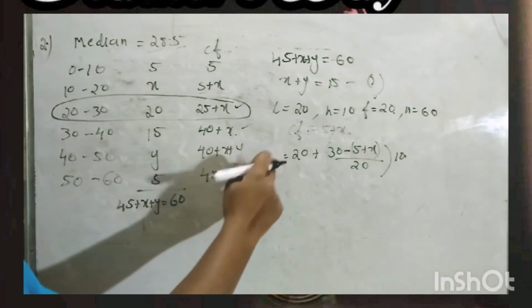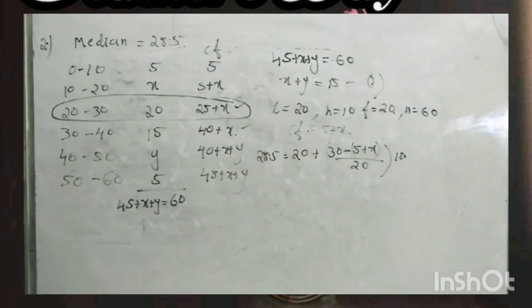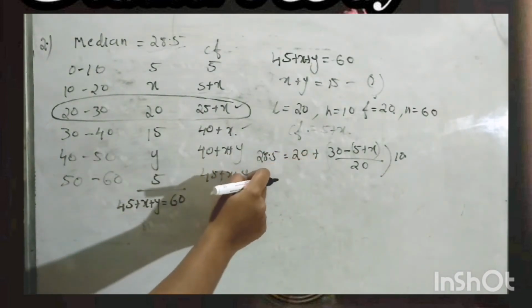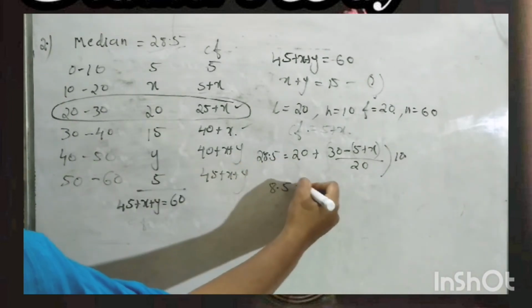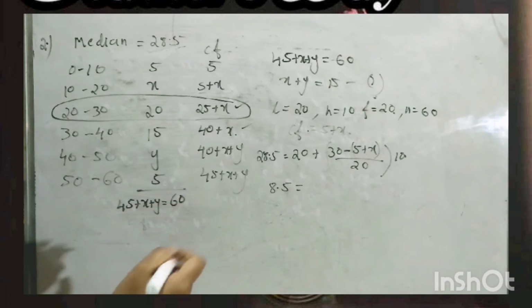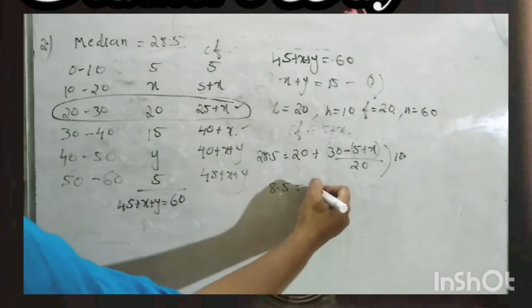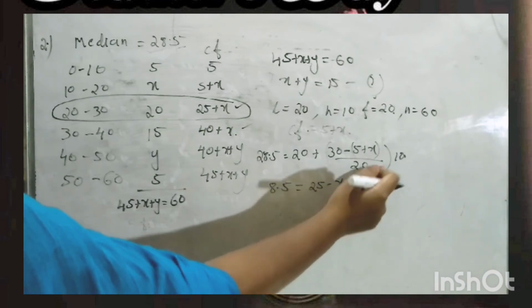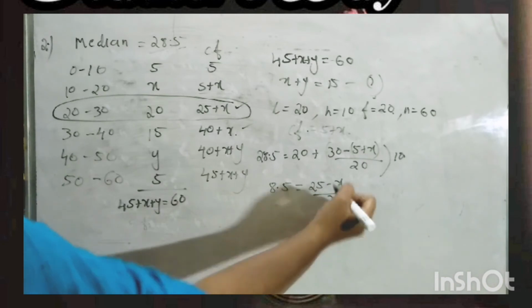The median value is given, that is 28.5. Now 28.5 minus 20, we get 8.5, is equal to 30 minus 5 minus x, that is 25 minus x, and 20 and 10 we can cancel, so divided by 2 we will have.